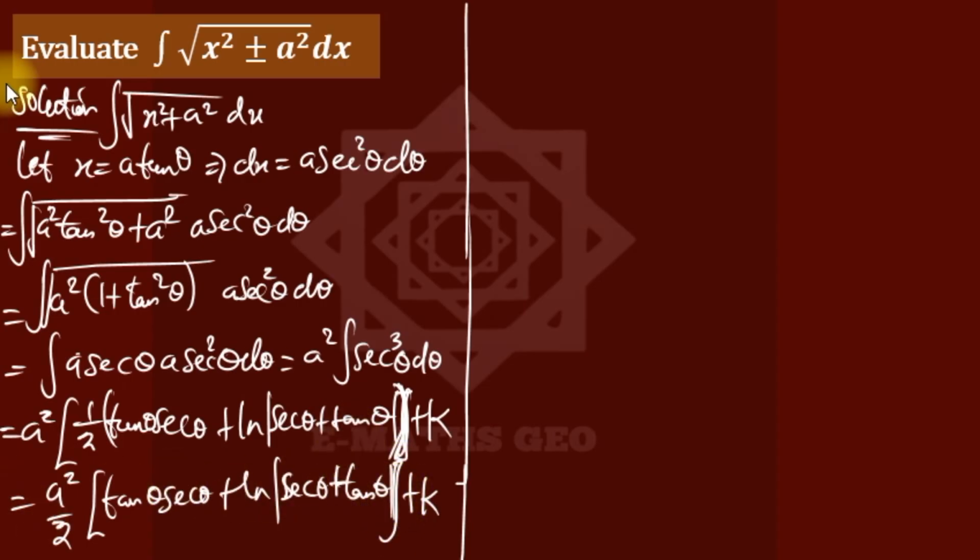To complete this, because they gave us x and a, we move it to theta. So using a right angle triangle, since tan is x over a, sec is 1 over cos. Let me just draw the triangle.